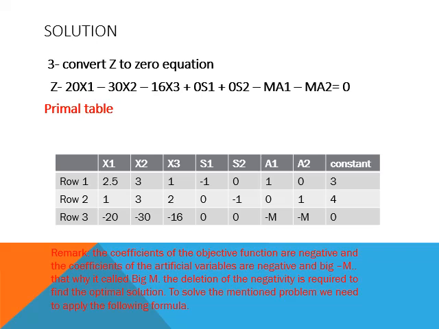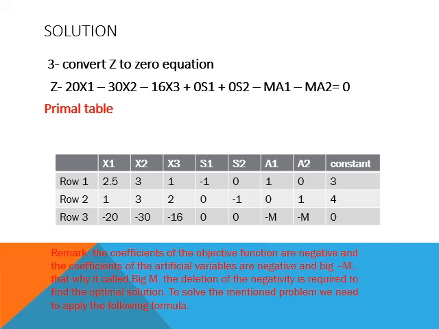Remark, the coefficients of the objective function are negative, and the coefficients of the artificial variables are negative and big. That's why it is called big M. The deletion of the negativity is required to find the optimal solution. To solve the mentioned problem, we need to apply the following formula.